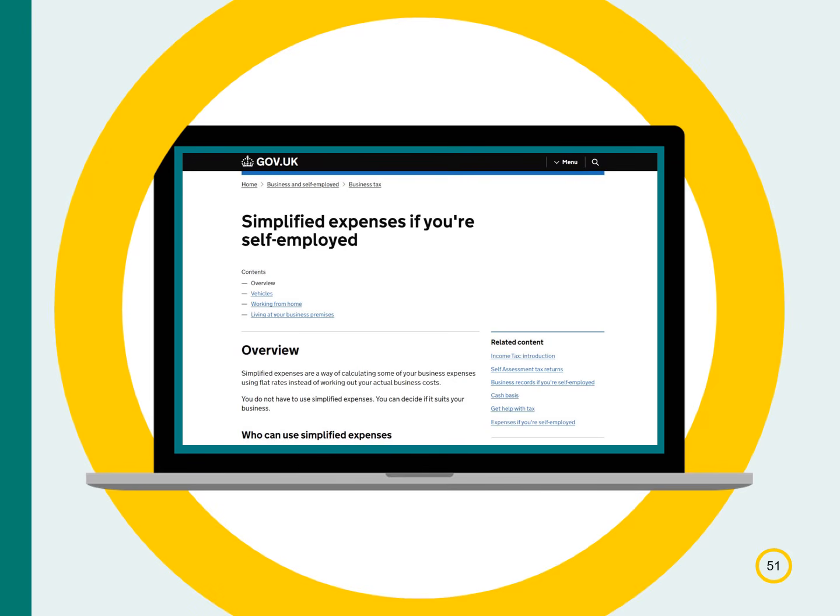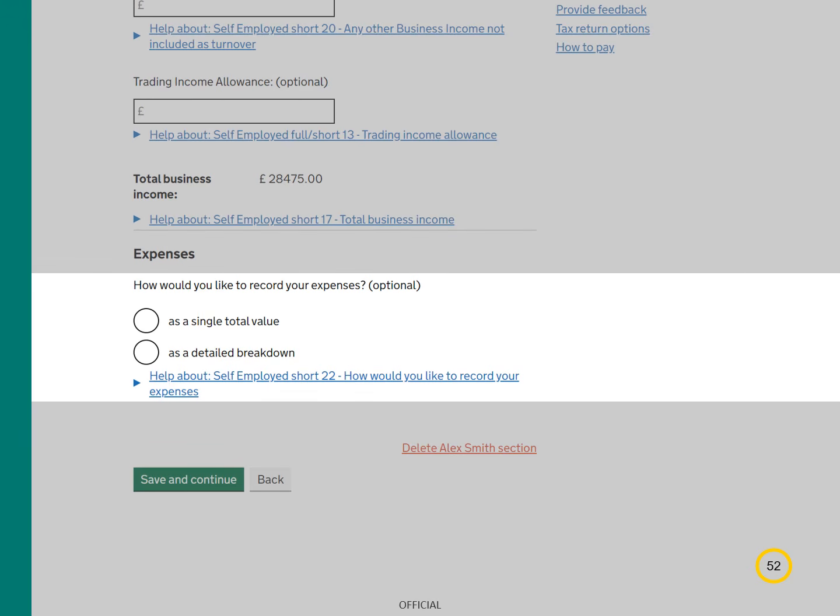We'll now look at entering expenses on the tax return. When your annual turnover is below £90,000, you can choose how you want to record your expenses, either as a single total amount or as a detailed breakdown.